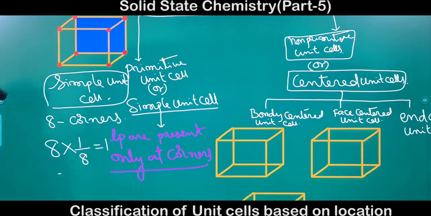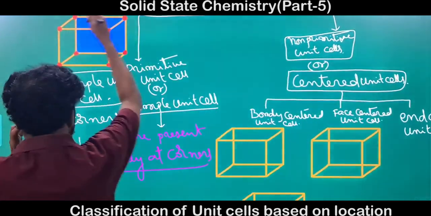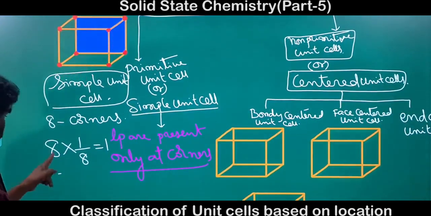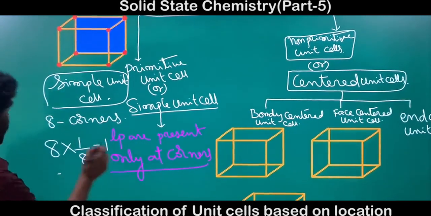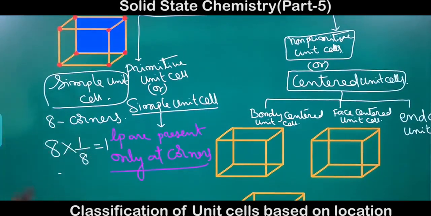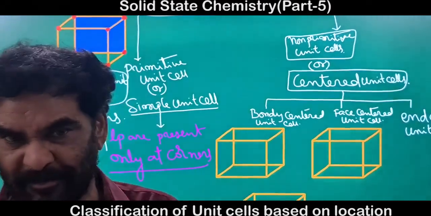So 8 points, each with 1/8 contribution, gives a total of 1. So in the simple cubic unit cell, 1 atom, 1 lattice point, is involved.